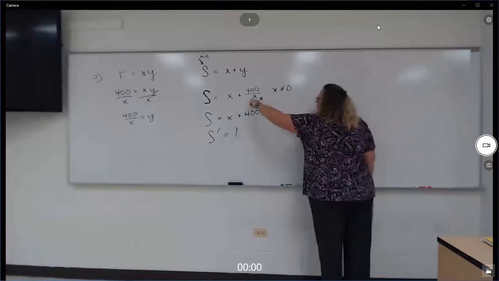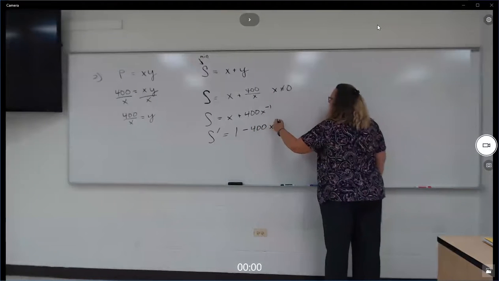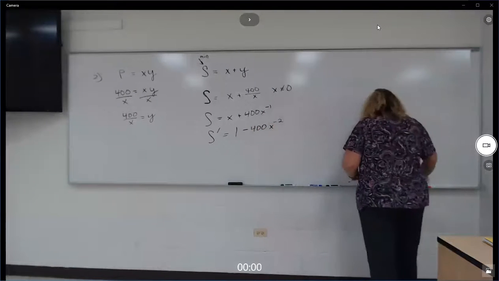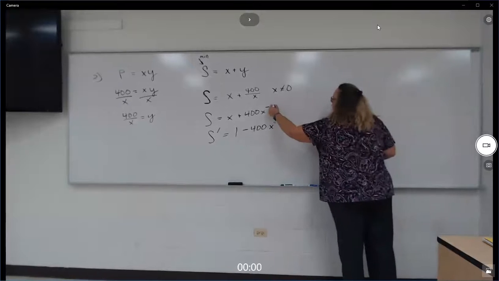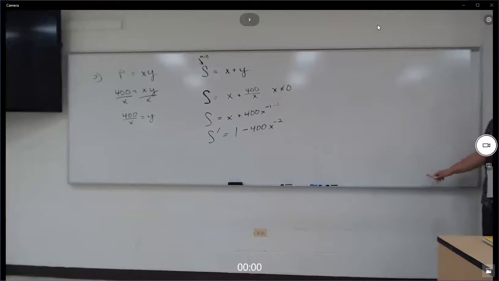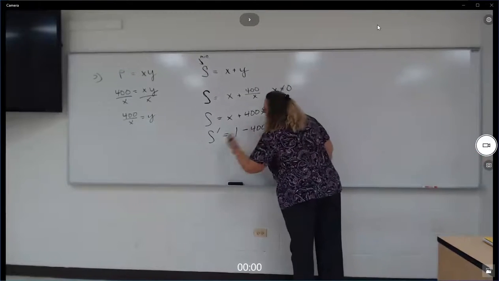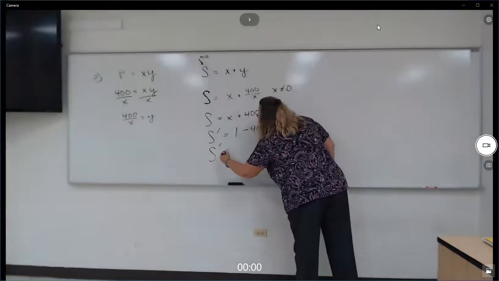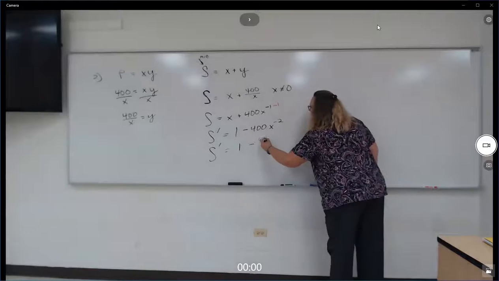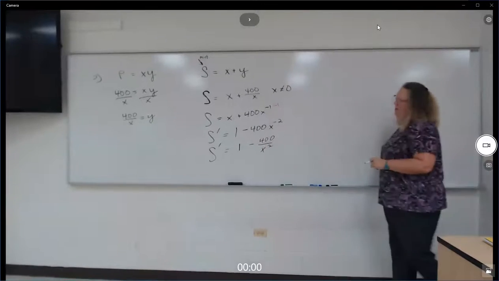And then this, we're going to roll it down, multiply, and then subtract 1. Subtract 1, and we actually get negative 2. Let's write it like this: 1 minus 400 over x squared. You can do either one.